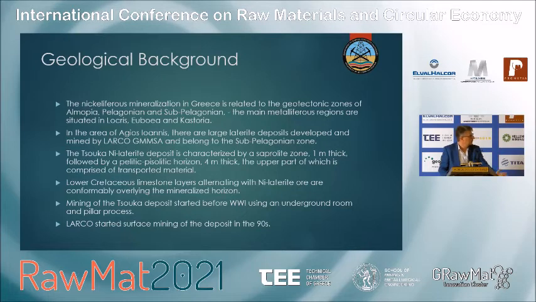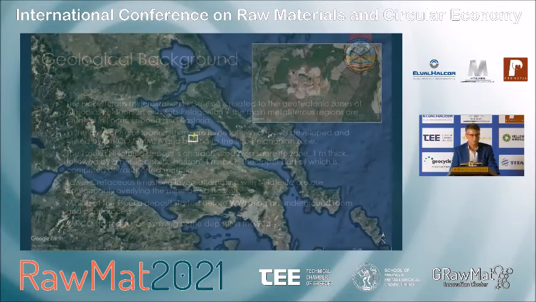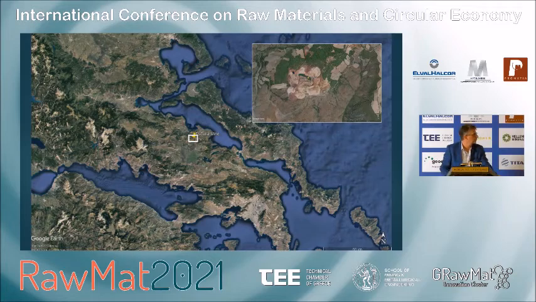Mining of the Chuka deposit, as we said, has started in the 90s, or restarted in the 90s by Larco. There was some underground mining before, and the underground room and pillar voids are also modeled together with everything else. This is the location of the Chuka mine in central Greece.